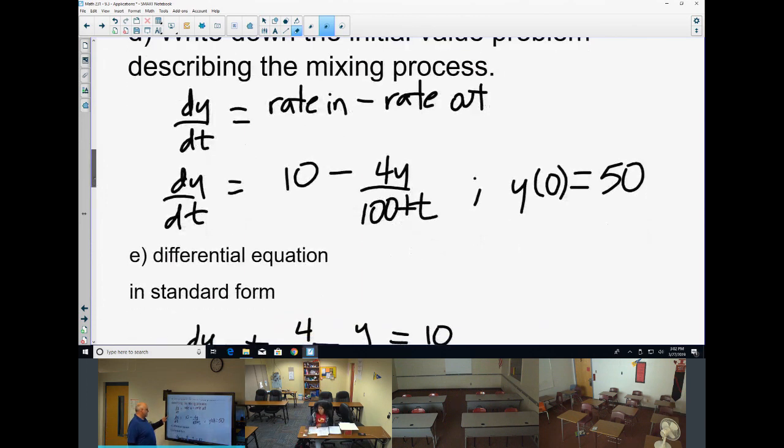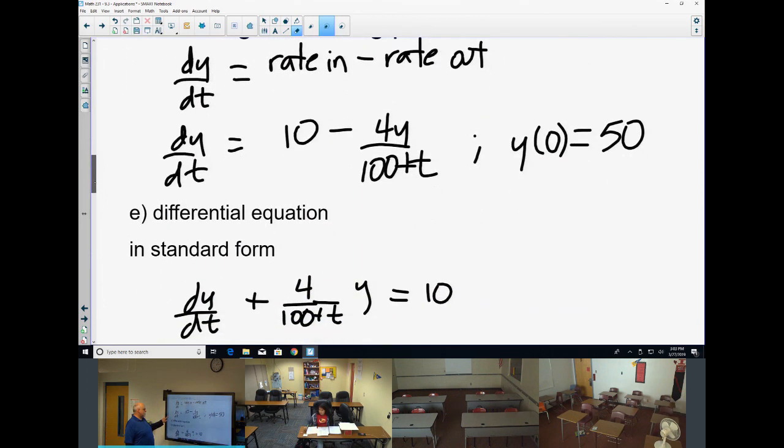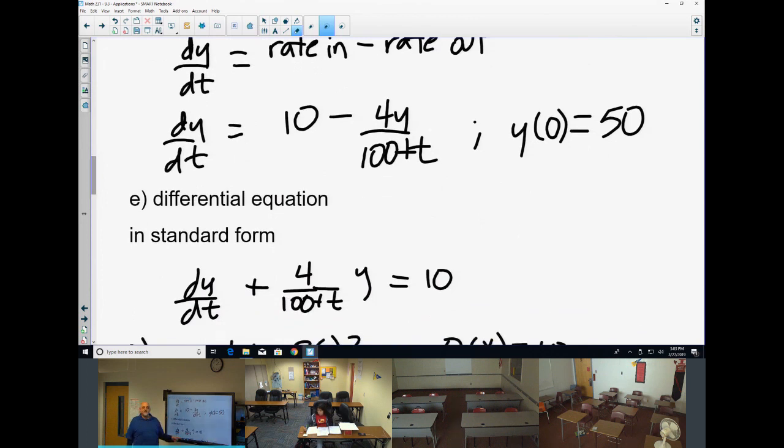Okay. All right. So did you get that? Yeah. So you have the dy dt plus the function with the y in it equals the function without the y in it. Okay, yeah. The first time I did it, I tried to get the y by itself, but I redid it. Yeah, you don't do that. So what we're gonna do?